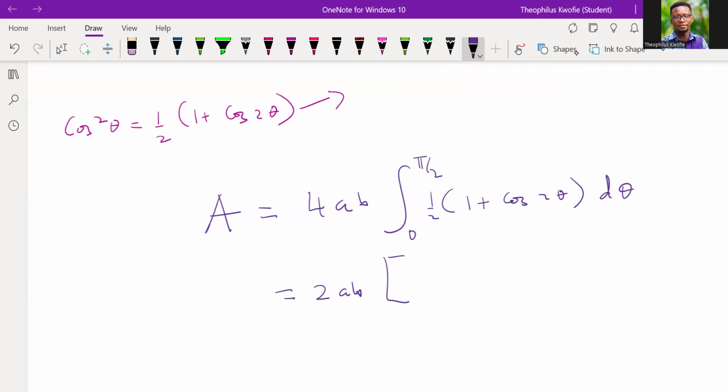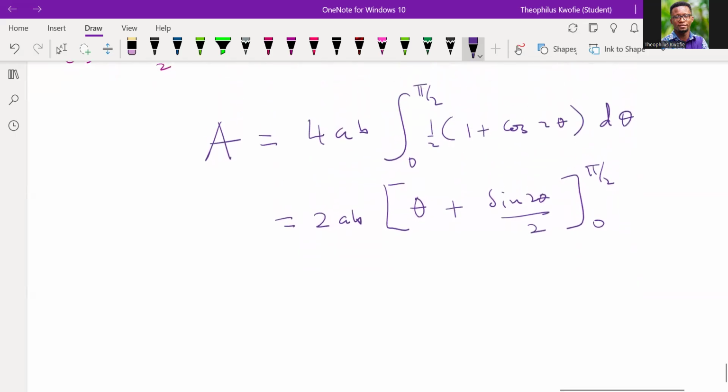Now the question is, when we integrate 1, what do we get? We have theta. And when integrating some trig functions, we ask, what function do we differentiate to get cosine? And that is sine. But then, we need to divide by the coefficient of theta, that is 2. Okay, good. Then we have the appropriate limit as this. Does that make sense?